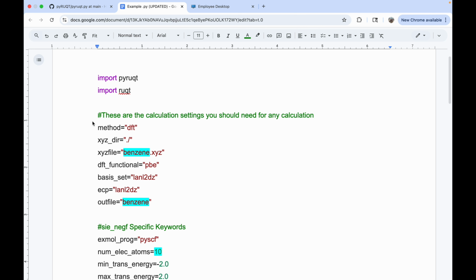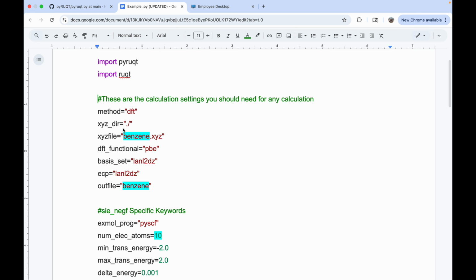But the next ones are settings that you need for any type of calculation, and this is going to change for all of your calculations, right? So the method can either be DFT, which is density functional theory, or MCPDFT, which is multi-configurational pair density functional theory.